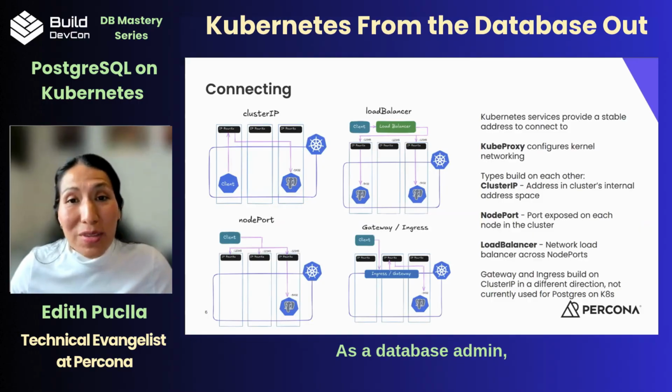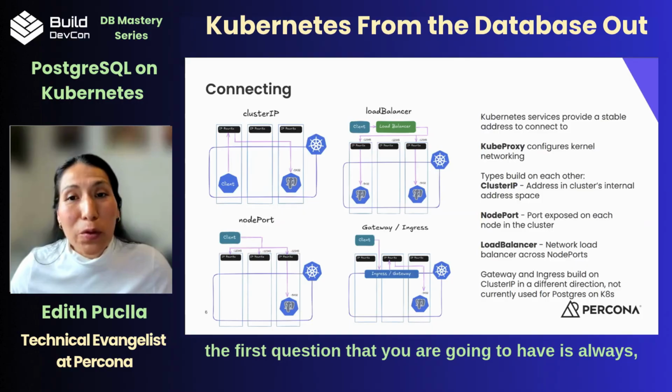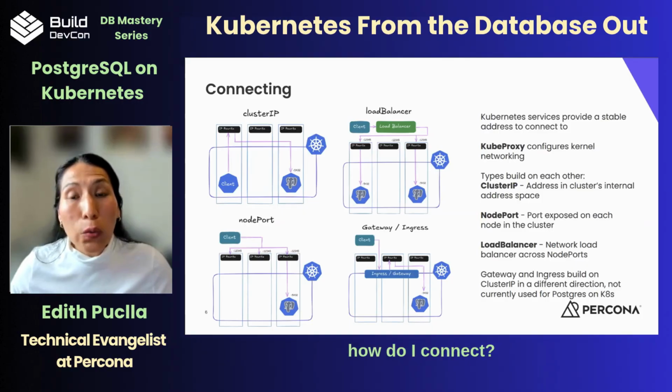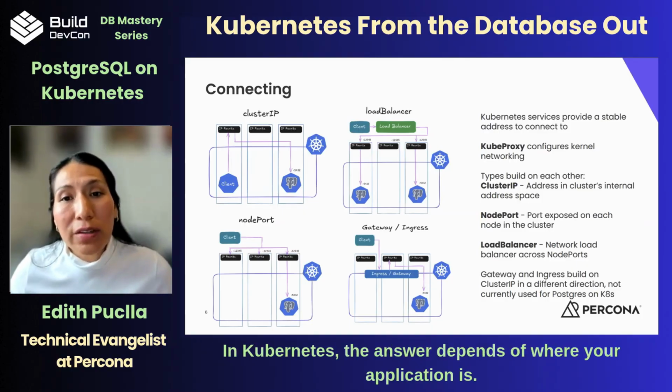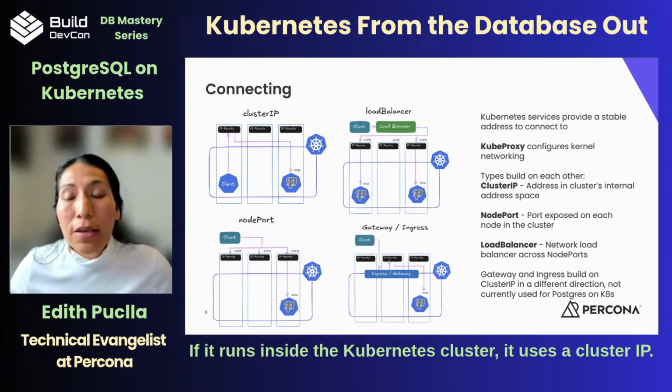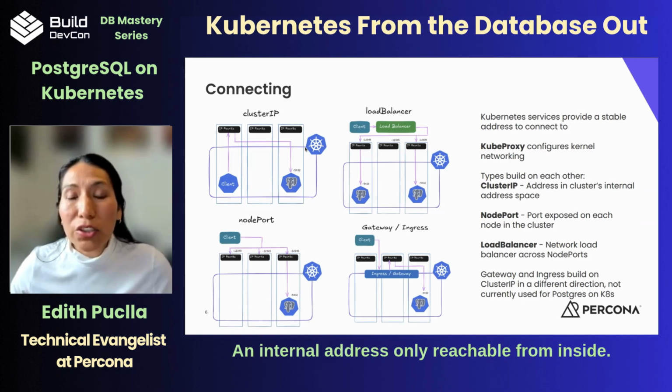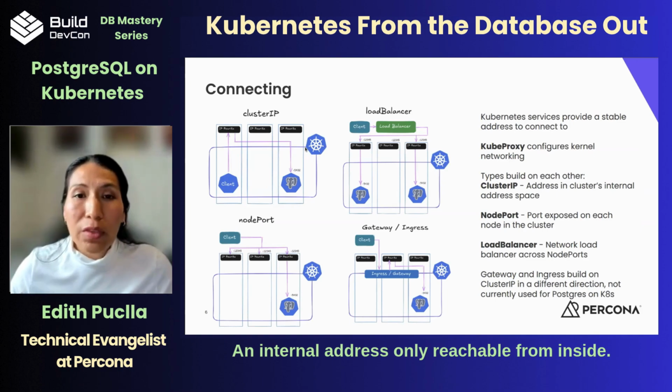As a database admin, the first question that you are going to have is always, how do I connect? In Kubernetes, the answer depends on where your application is. If it runs inside the Kubernetes cluster, it uses a ClusterIP, an internal address only reachable from inside.